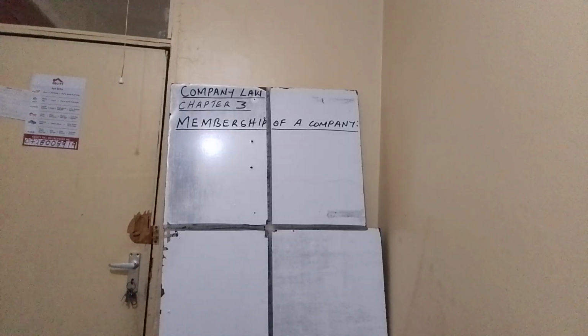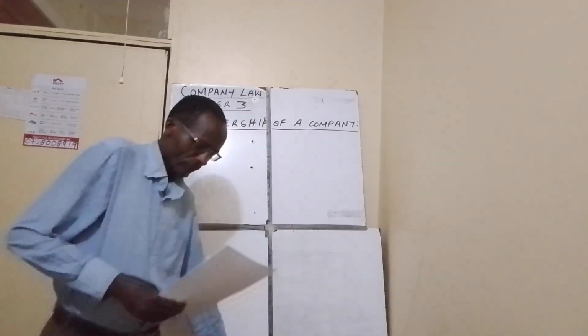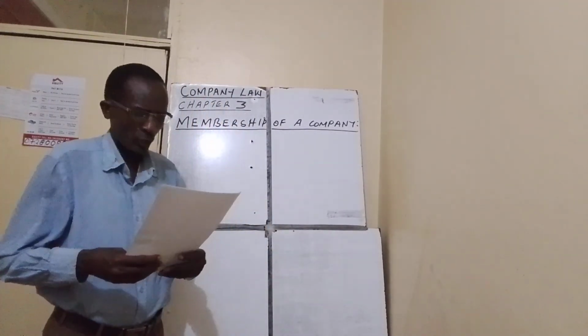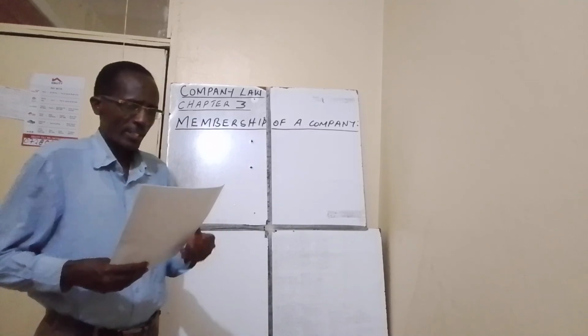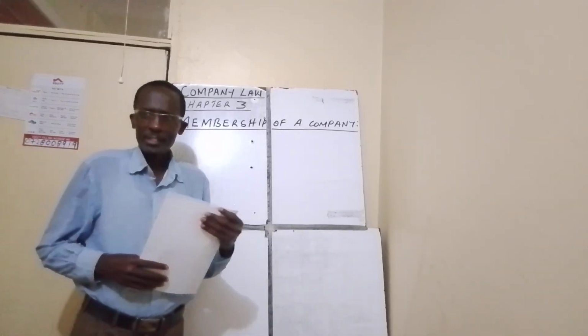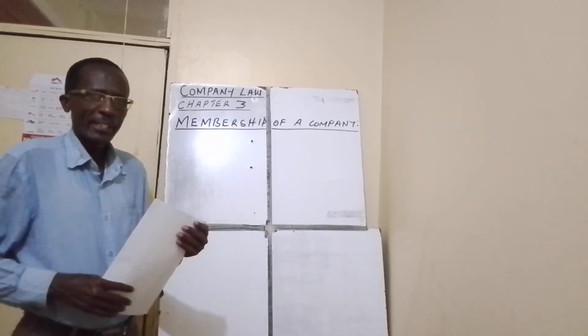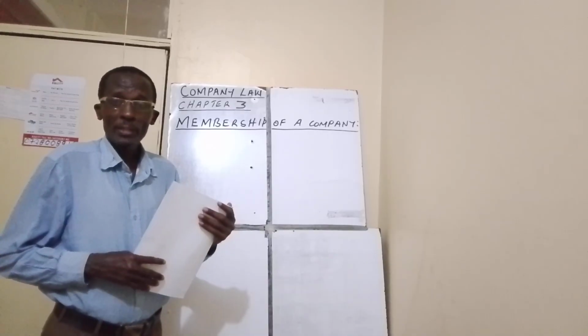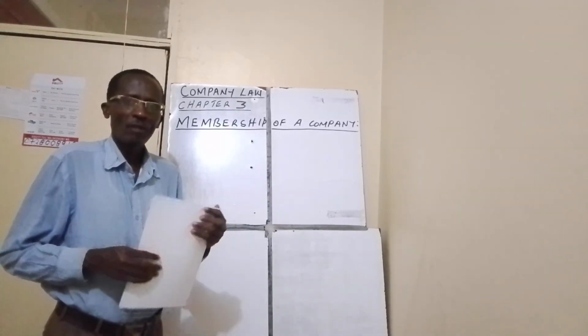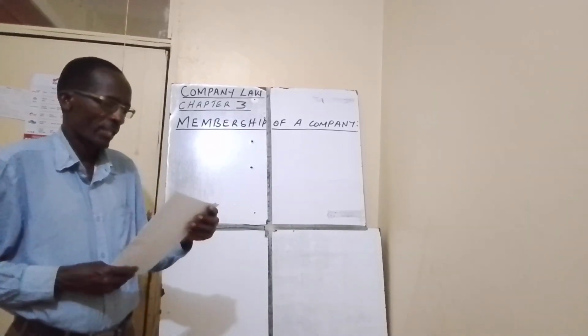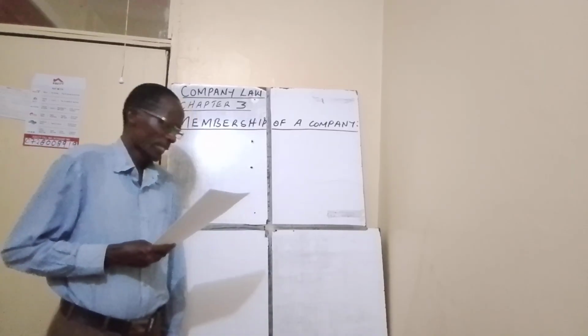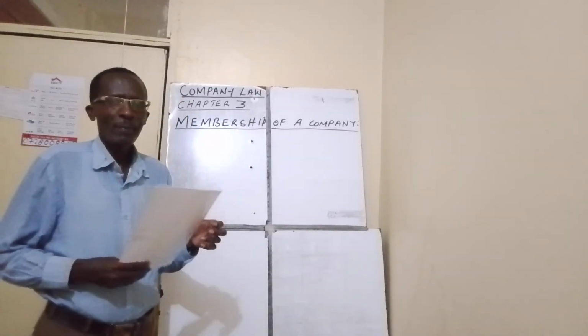Right, having in mind what we are supposed to study, we now look at acquisition of membership. This chapter is not very detailed, it's quite a small chapter, however, quite examinable. We should look at acquisition of membership.